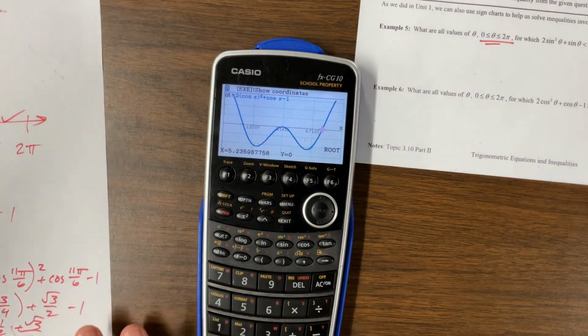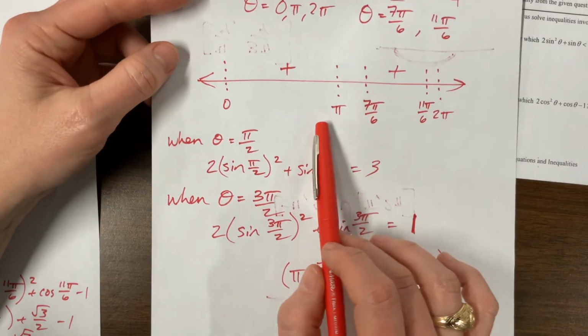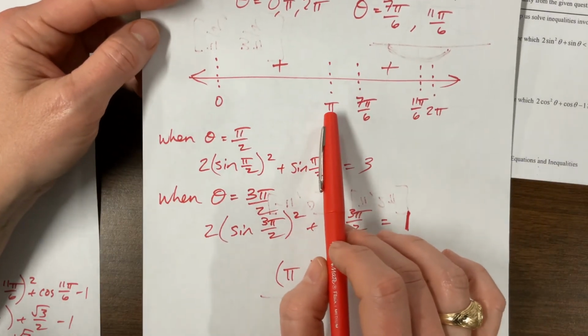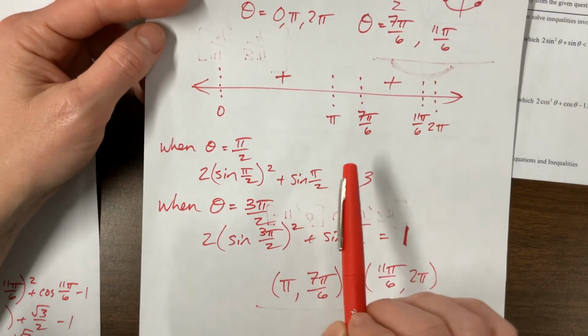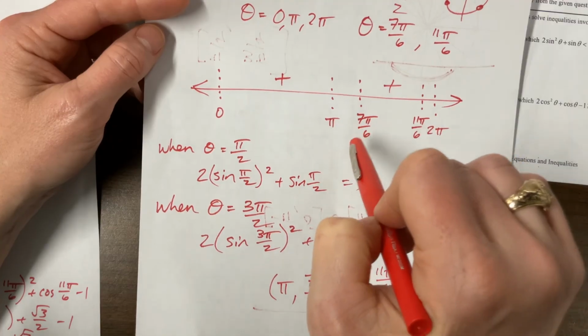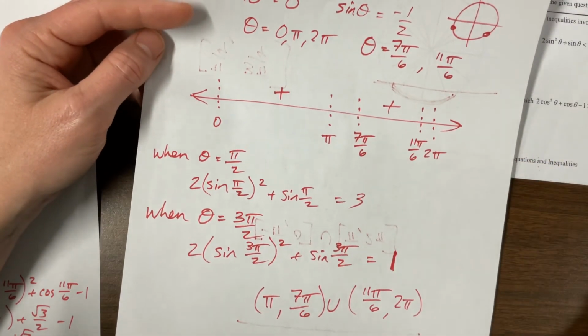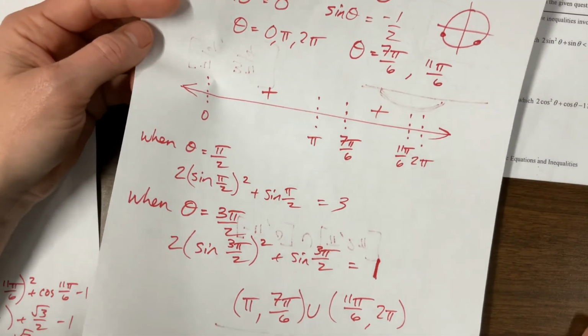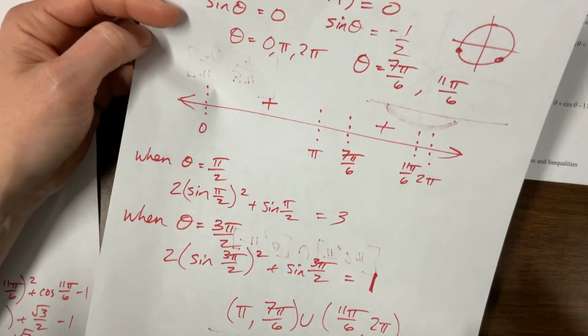Now I can't find it, where we didn't have something nice to work with. We could use 13 pi over 12, and when you've learned sum and difference identities, you can find the value of sine and cosine of 13 pi over 12 without your calculator. It's just annoying, so I don't want to teach it now. Anyway, there is a way to do it. You will learn it at some point, but you don't know it yet.